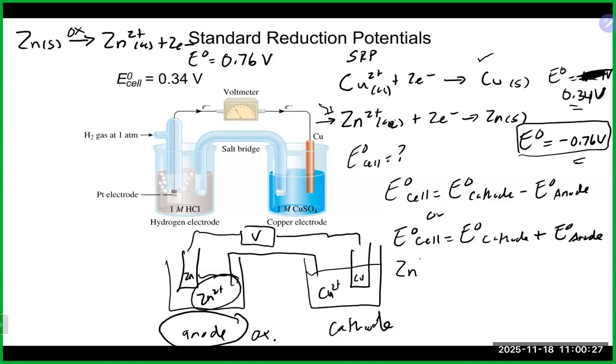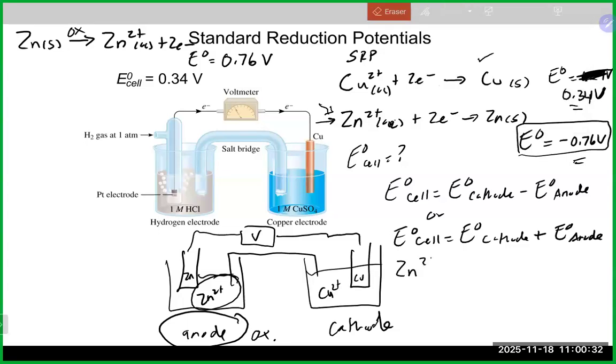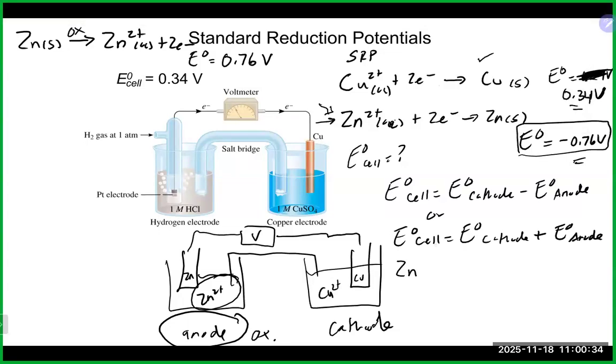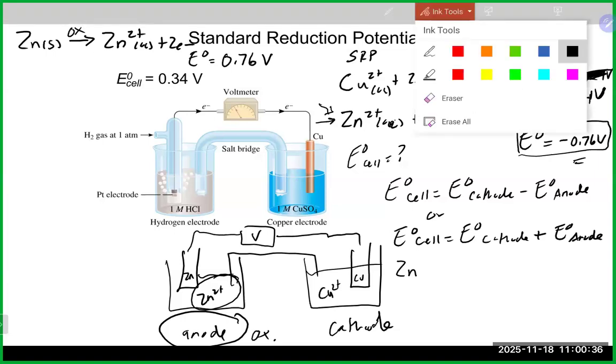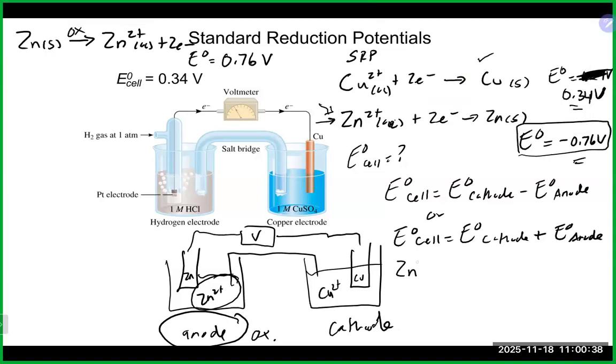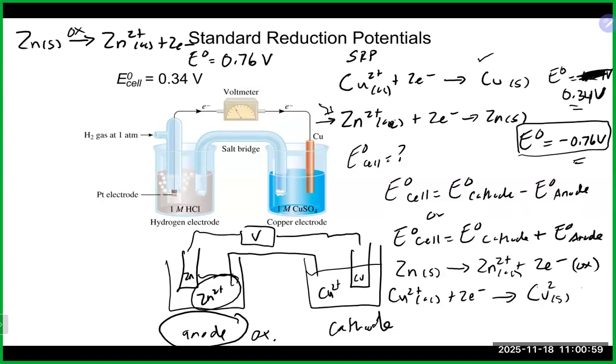And that is what will give us our overall reaction. We would have our zinc that is, again, losing those couple of electrons, going through its oxidation reaction. And our copper, which is gaining those electrons, going through our reduction reaction.